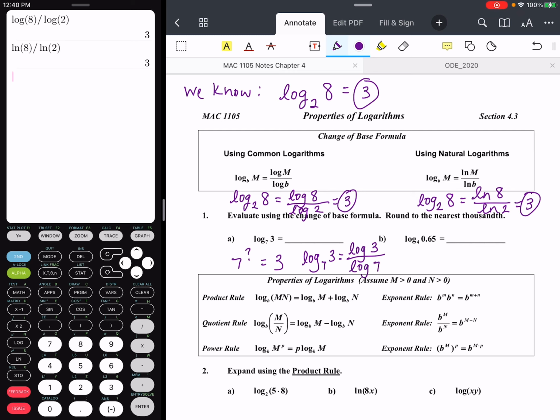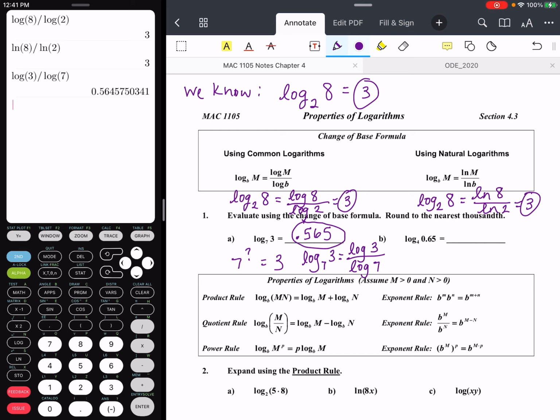So let's type this into our calculator. Common log of 3, get out of the parentheses, divided by common log of 7, equals, and rounding to the nearest thousandth, the third decimal place, we get approximately 0.565. Okay.